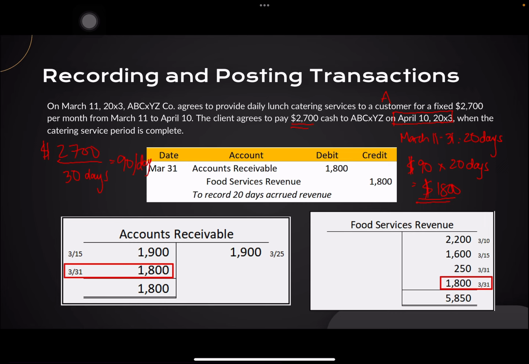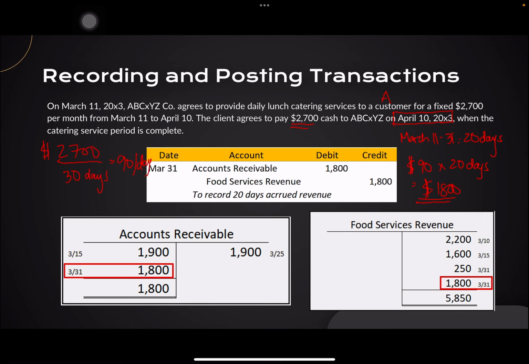Even though we haven't received the money yet, the $1,800 for the month of March is okay, because what is important is that we already performed the service. Every day starting March 11, we provide daily lunch catering services to customer A.